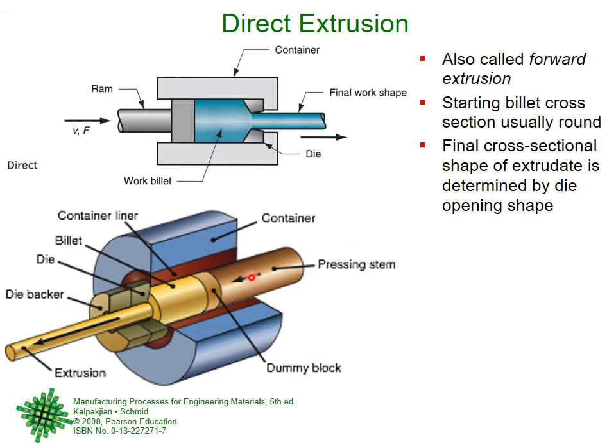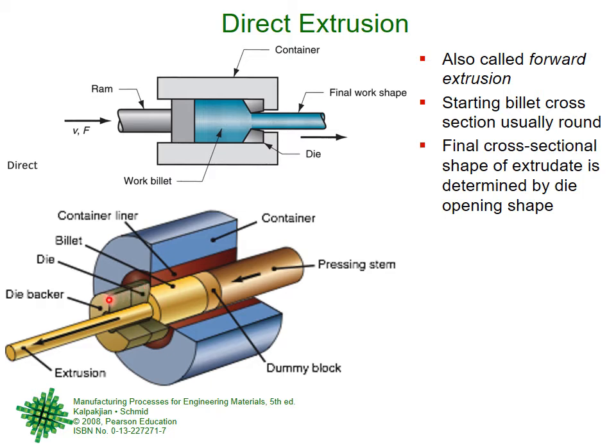Between the press and the billet material, there is a small safety block which is called dummy block, so that the press does not directly come with the billet material, otherwise it may stick to it. And the ram of the press is a very costly thing. So there is just a small block in between them. So this is the press ram, this is the dummy block, and here is your billet material.